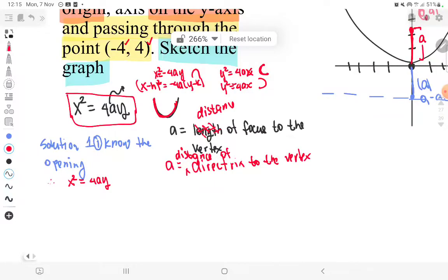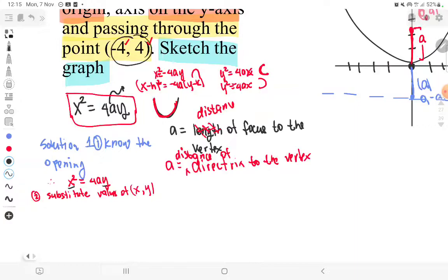After knowing the opening, the next step is to substitute values of x and y, because our x and y are points within our parabola. In this case we have the point (-4, 4). So this is our x and this is our y.